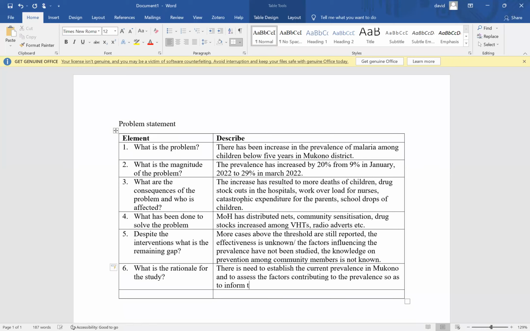Maybe to inform the district administration and implementing partners, to focus prevention strategies.